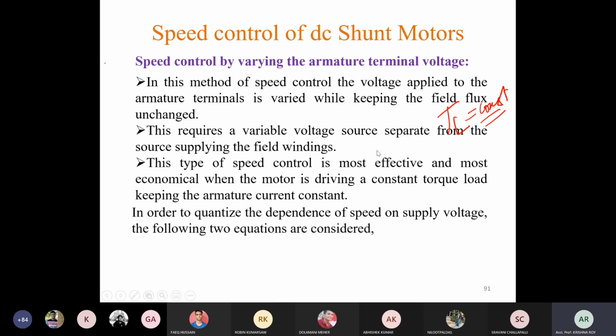Now let us see how this speed will vary when the terminal voltage is varied. First of all, the speed equation is given by equation 1: omega m is equal to Vt minus IaRa by K phi, that is actually back EMF by K phi, and the torque equation is T equals K phi Ia. Combining these two equations, we have to eliminate the armature current Ia.